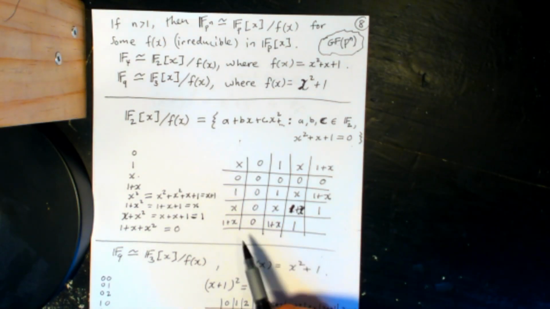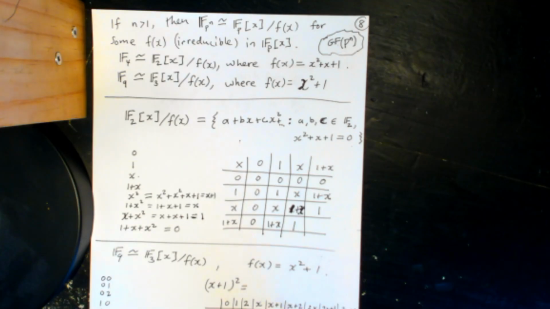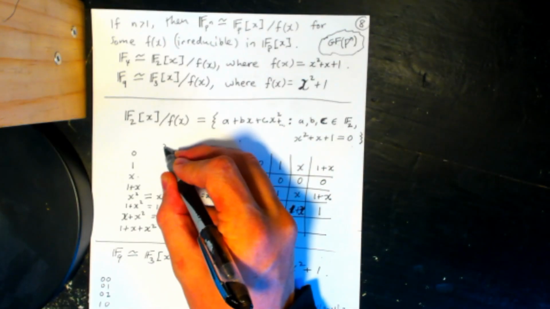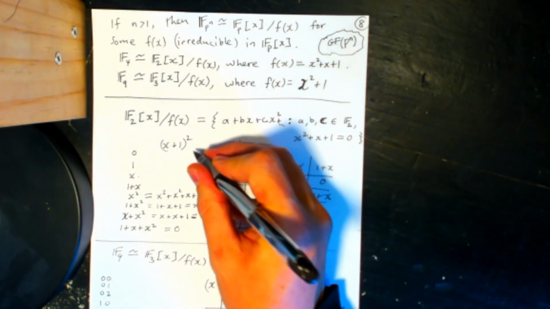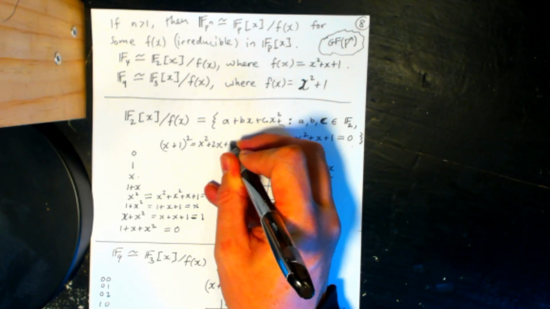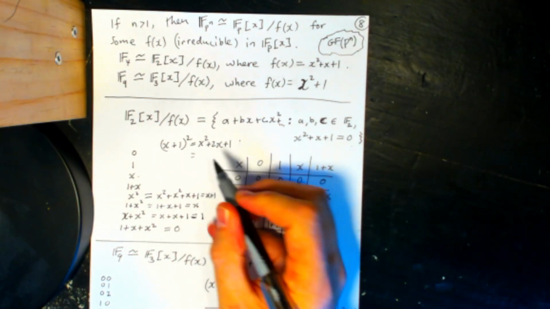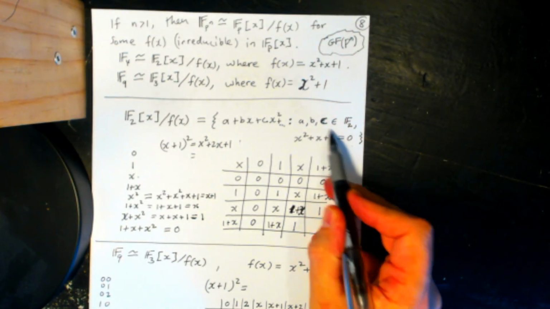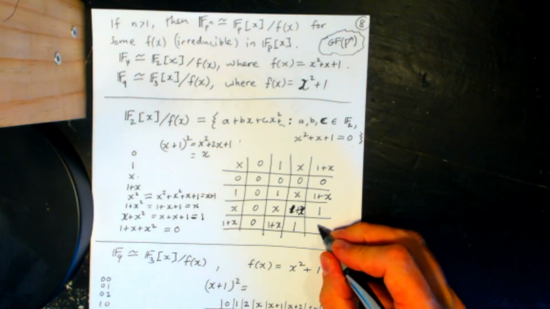And now finally, 1 plus x times 1 plus x, let's just calculate this somewhere here. So that's x plus 1 all squared, which is x squared plus 2x plus 1. Which is, when we basically subtract this, we just find that that's x. Okay, so we have x there.